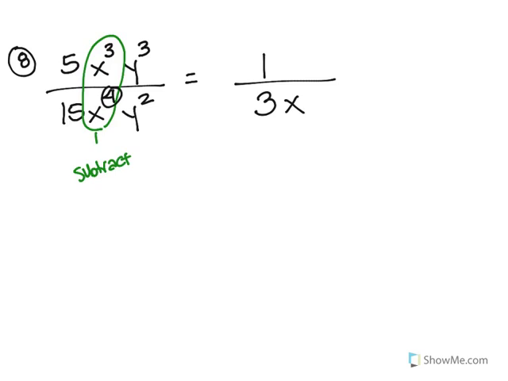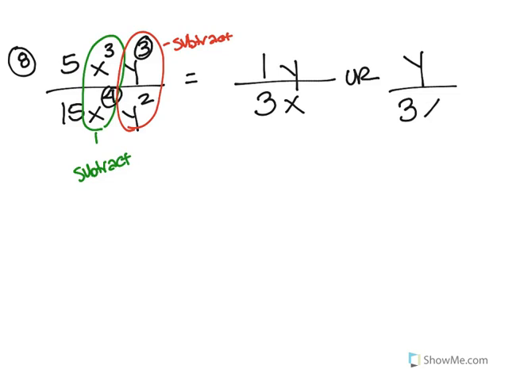So my x to the first power goes to the bottom. Then I would do the exact same thing with my y's. They're on top and bottom. When I use the term top and bottom, I'm talking about division. That means you're going to subtract the actual exponents. So again, you have 3 and you have a 2, so that leaves me with a 1. But this time it's on top because 3 is bigger than 2. So your answer would be 1y over 3x, or you could simply say y over 3x.